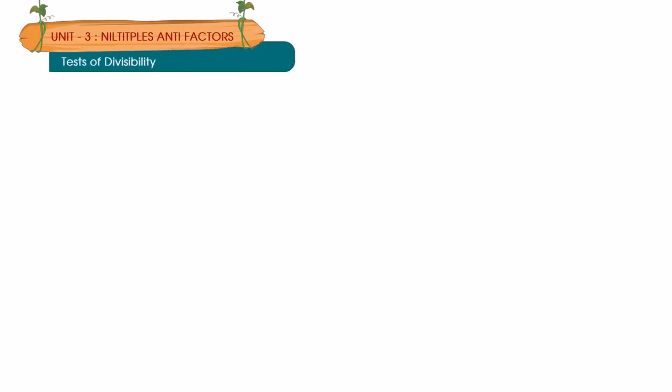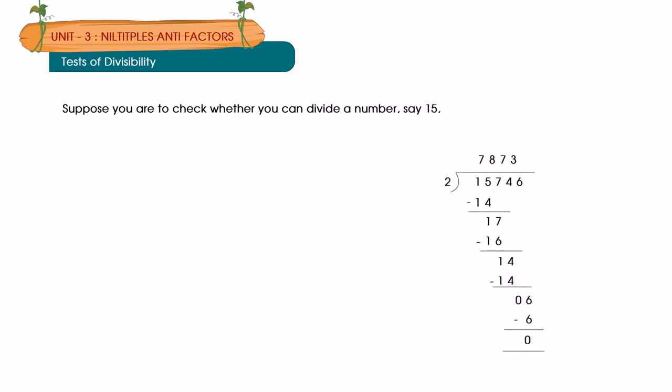Tests of divisibility. Suppose you are to check whether you can divide a number, say 15,746 by 2. Normally, you would divide 15,746 by 2 to verify whether it is exactly divisible.